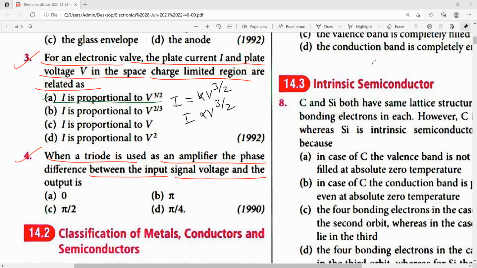That is given by the formula minus mu into RL divided by RL plus RP. The negative sign indicates that output voltage differs in phase from the input voltage by an angle of 180 degrees. So this holds for a pure resistive load. Therefore, this one is the right one, because pi is equal to 180 degrees.